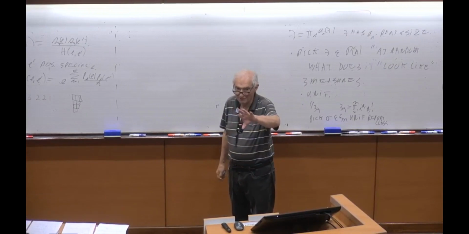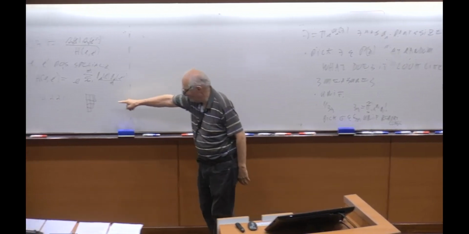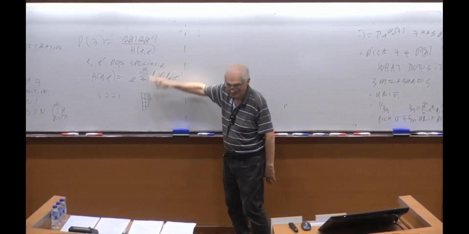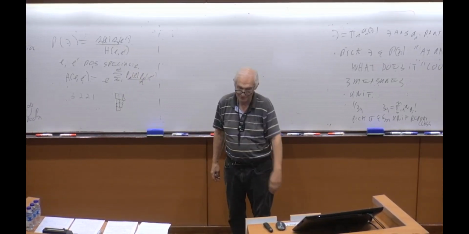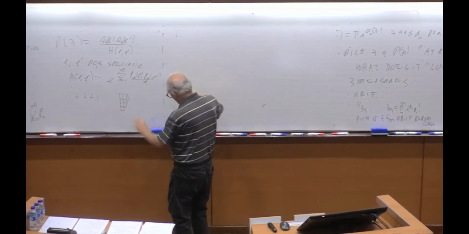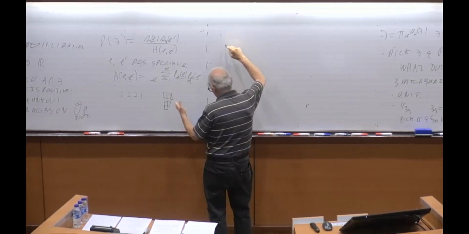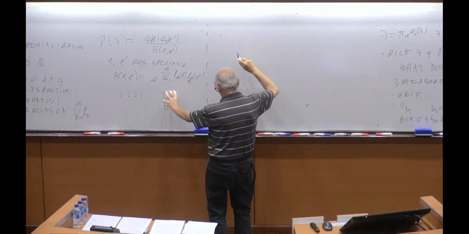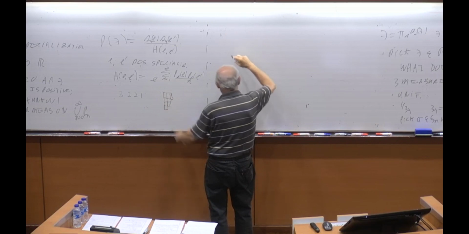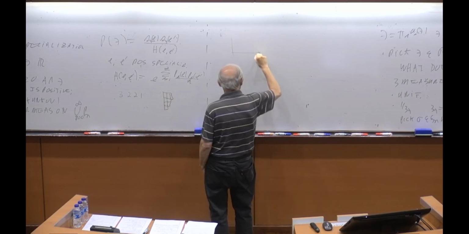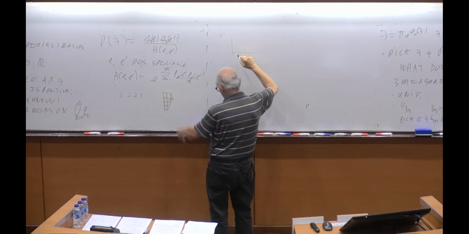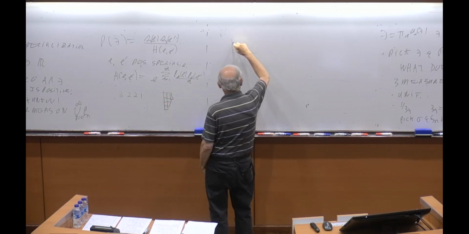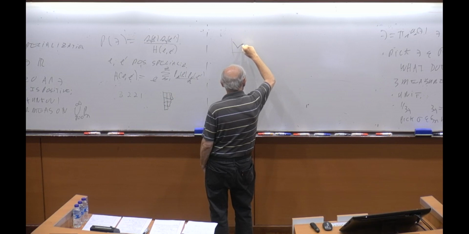The Russian way of graphing partitions is not this way. This is English style. French style is they do it from the bottom up. The Russian style, they turn it 135 degrees. I'm not going to do that, but I want to turn this 135 degrees.